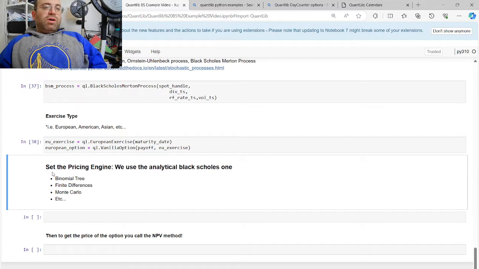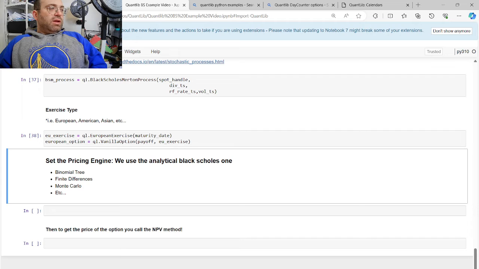Now we need to give the pricing engine. There are many options: binomial tree, finite differences, Monte Carlo, and so on. But for a European option, with the volatility, risk-free rate, and all that constant, you can of course get an analytical solution.